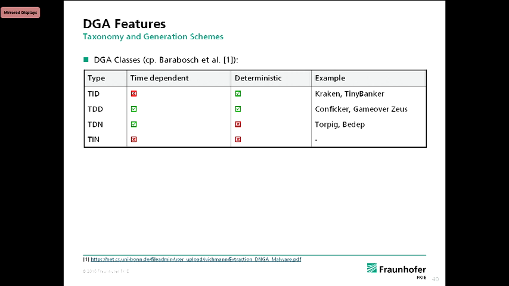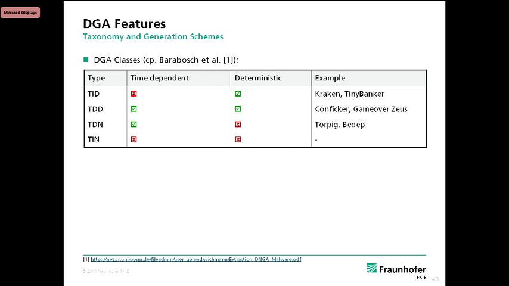The basic example for non-determinism is that it will, for example, fetch additional information from the internet. In the past, there's been Torpig using Twitter trends, for example. And a newer example is BDAP, which has been using currency information on a weekly schedule. So this basically means that you are not able to predict future domains beyond the certain threshold of information that is being fetched there.